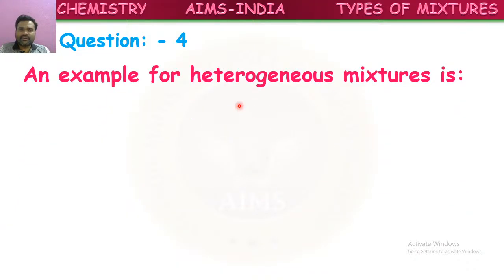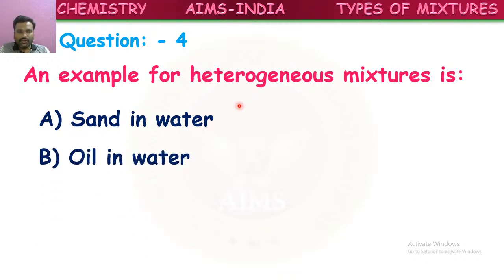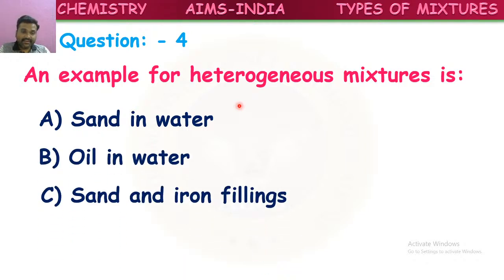An example for heterogeneous mixtures: sand in water, oil in water, sand and iron fillings, all of these. So they are asking to find the heterogeneous mixture among the given. We know the definition of what is heterogeneous mixture.